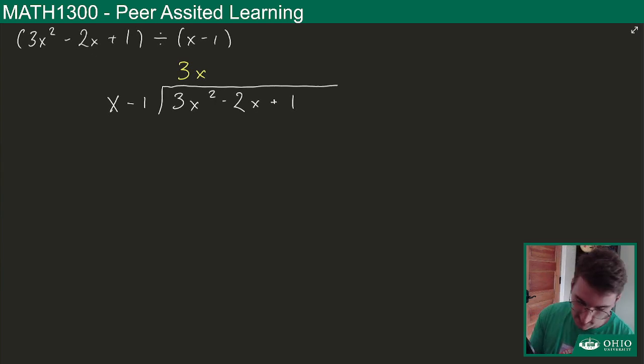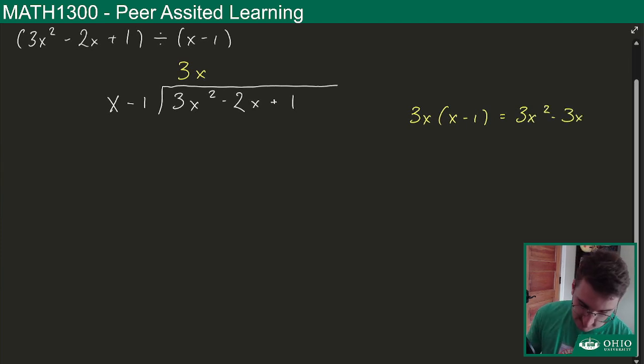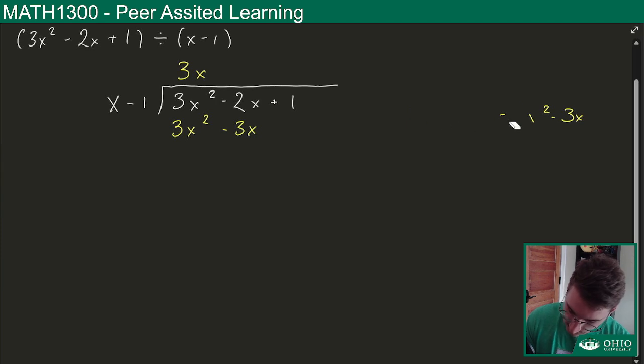So I know that x times 3x will be 3x squared. Now I can take this value of 3x and multiply it by the entire quantity x minus 1. So let's go back to my scratch work. If I multiply this out, I will get 3x squared minus 3x. And so we want to write this below the first two terms of the polynomial we're dividing.